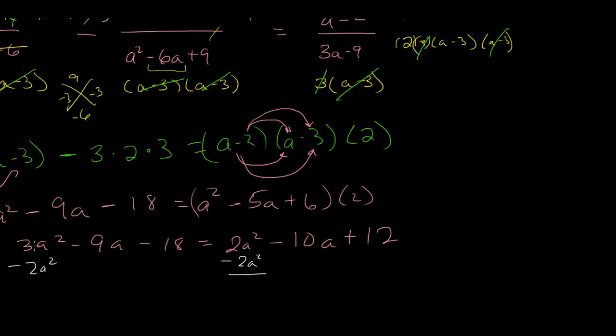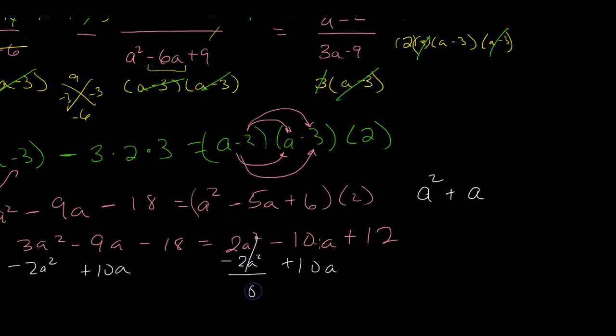So 3a squared minus 2a squared. When I have 3 of something, I subtract 2 of them. I have 1 of them left, so a squared. I'm going to add 10a to both sides. Now, you owe me $9, and I have $10 to cover, so I'm left with $1 over. That's pretty nice.